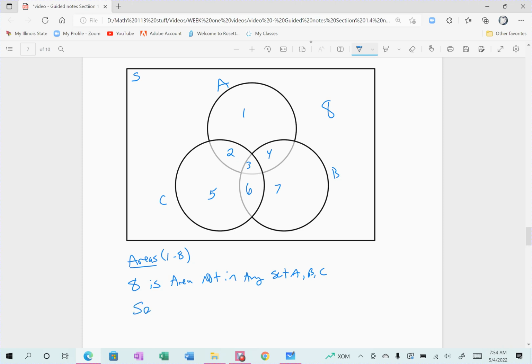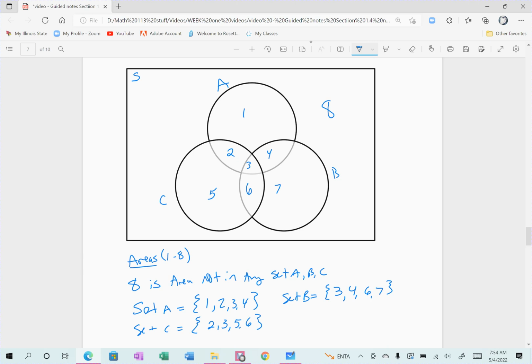All right, so set A would represent the regions 1, 2, 3, 4. Set B would be the regions 3, 4, 6, and 7. And then set C would be the regions 2, 3, 5, and 6. And so you'll notice there's overlap, right? And the overlap's sort of the important part.